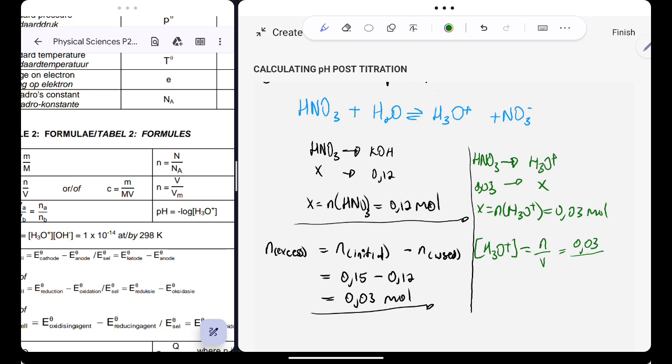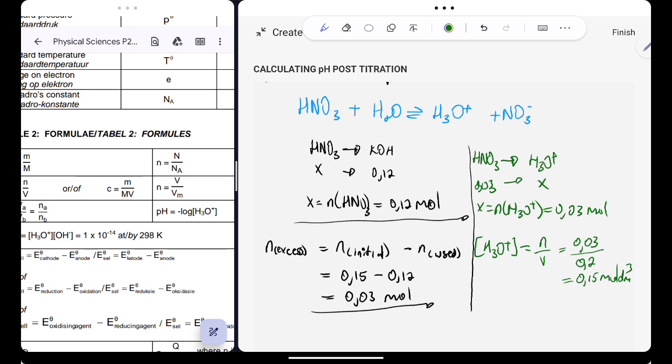So I have 200 cubic centimeters, which is just 0.2 cubic decimeters. So my concentration is 0.03 divided by 0.2. I'll simply get 0.15 moles per cubic decimeter.